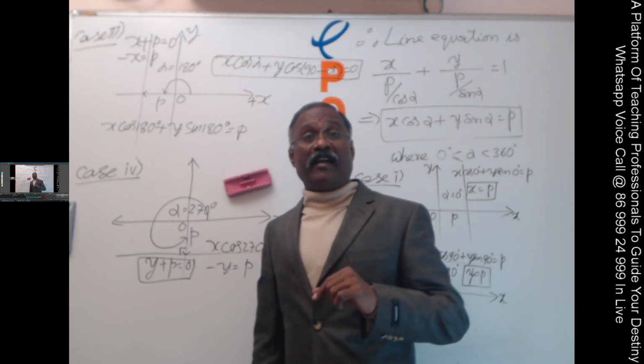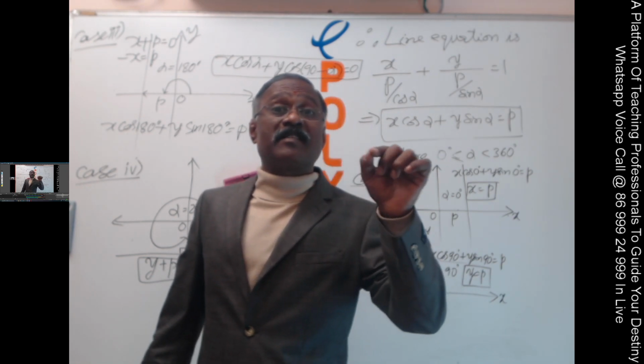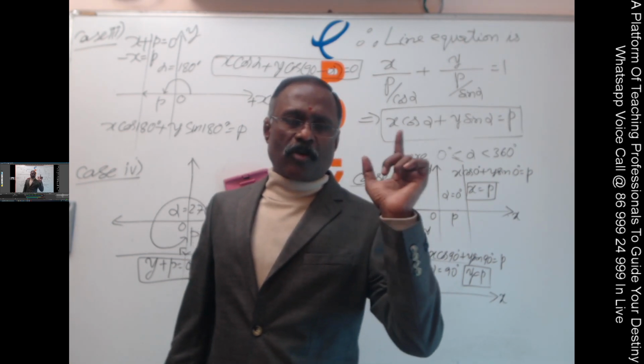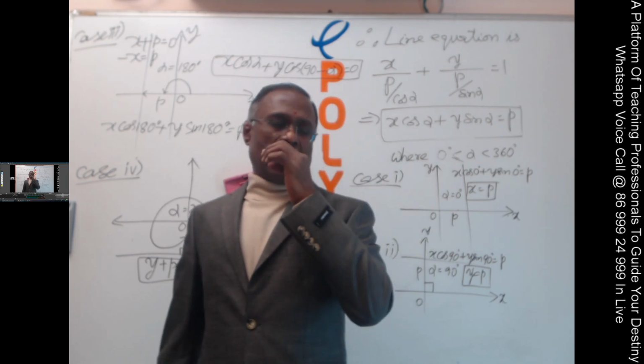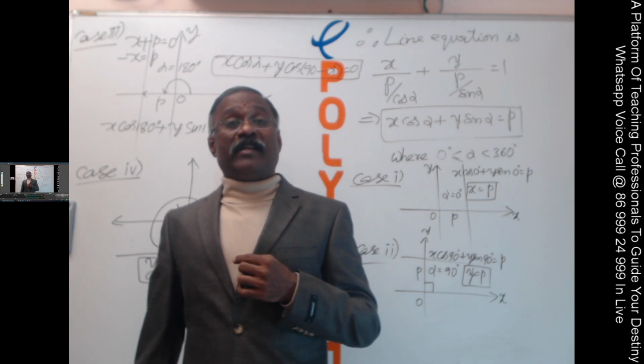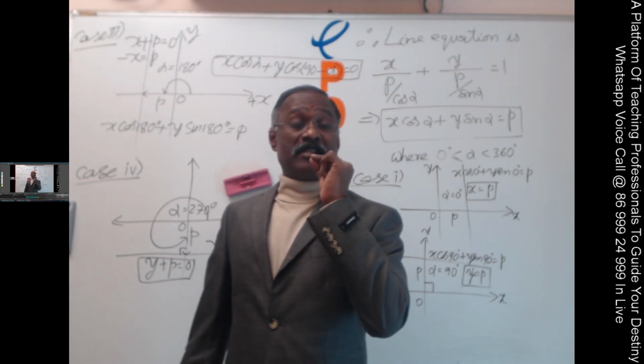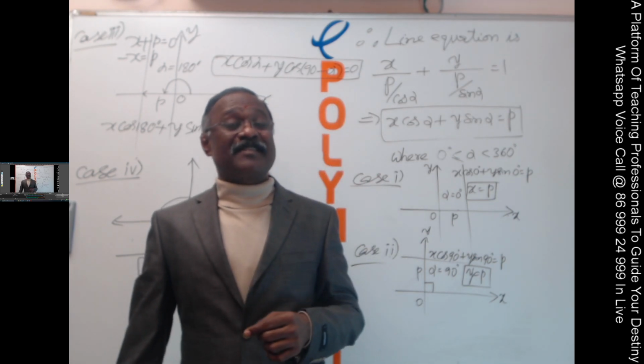In this case, it is Lx plus My plus Nz equal to 0. L is cos alpha, m is cos beta, n is cos gamma. So there it is: x cos alpha plus y cos beta plus z cos gamma is equal to 0.